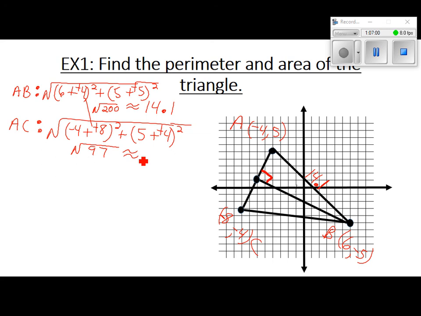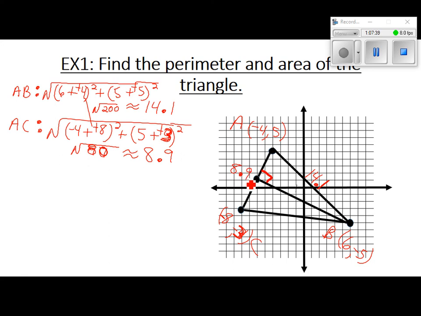Because it's supposed to be -3, not -4. Somebody told me wrong when we wrote it down, didn't we? Good work. So that's a 3 there. Then that's 64 plus 16, that'd be about 80. What's the square root of 80? 8.9. So that side's 8.9.